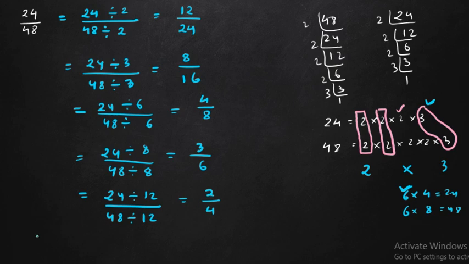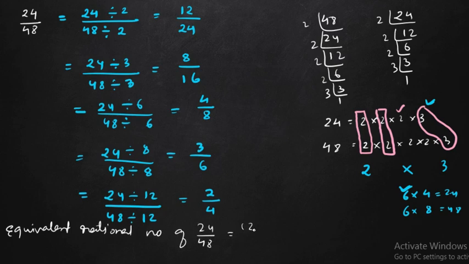Now, we can say that the equivalent rational numbers of 24 by 48 are 12 by 24, then 8 by 16, then 4 by 8, then 3 by 6, and again 2 by 4.